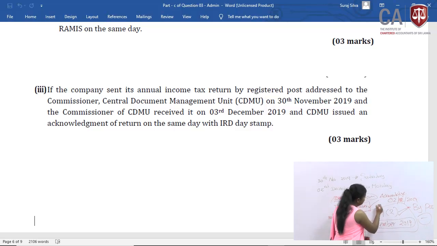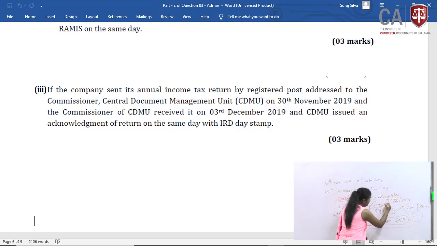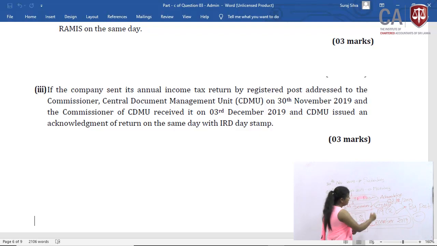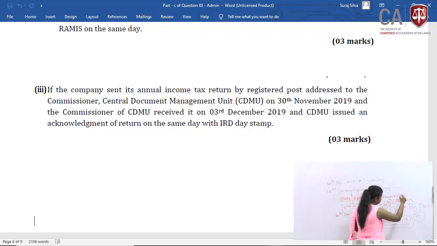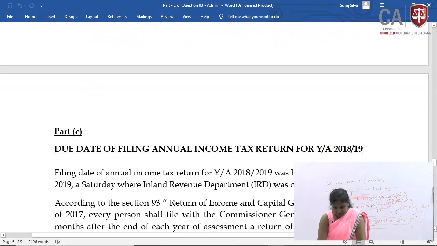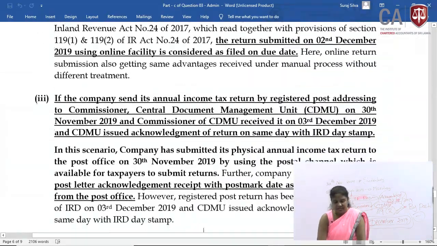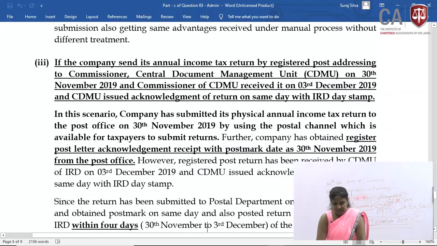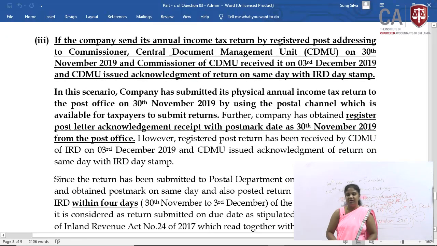The particular unit CDMU received it and the acknowledgement is dated 3rd December. Very clearly it's a return filed on the due date. Okay, we will see the answer. I have explained the procedure and the practical way. Then we will go for the answer.